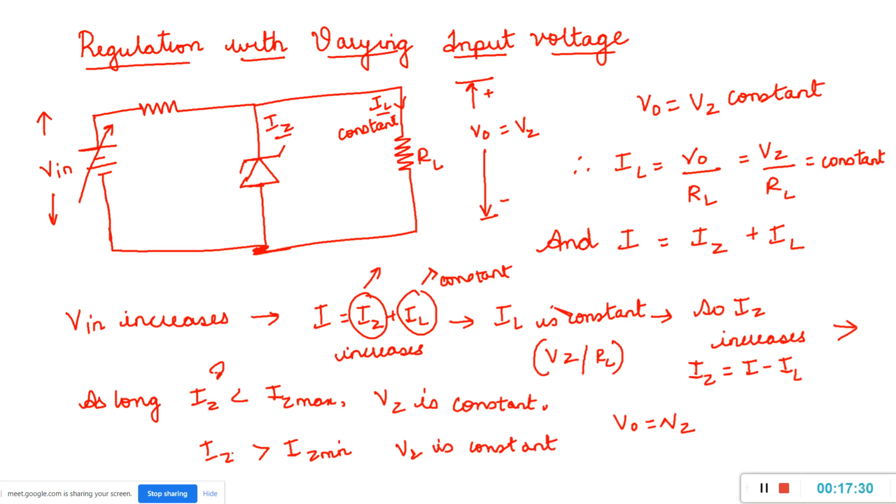As long as Iz is greater than Iz min, we get a constant voltage. So these are the two conditions. Either you increase or decrease the input voltage, as long as Iz is lesser than Iz max and greater than Iz min, we get a constant output voltage.